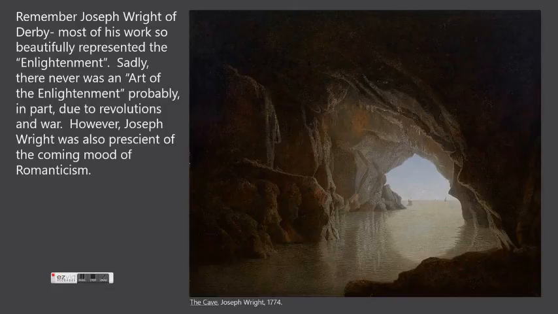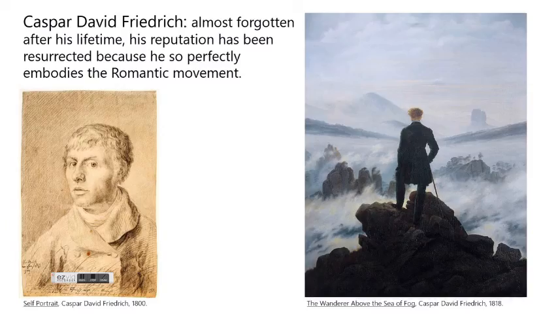But in a painting like this, you can see that there is also this romantic spirit, a sense of drama and a mystery about this cave, not treating it simply as a way of documenting it, but treating it as a place of narrative, or at least potential narrative.